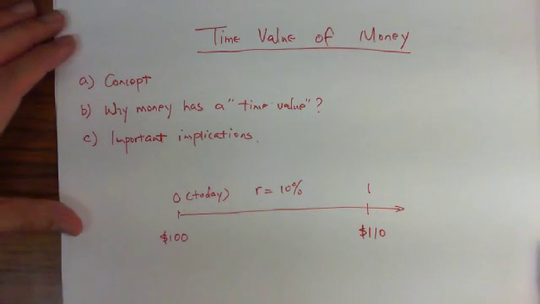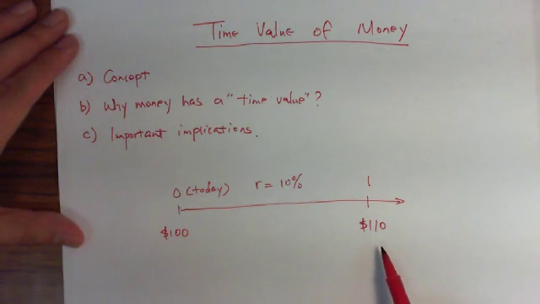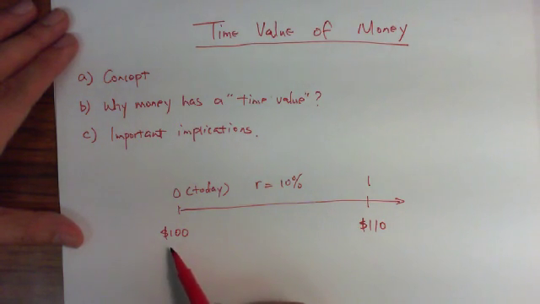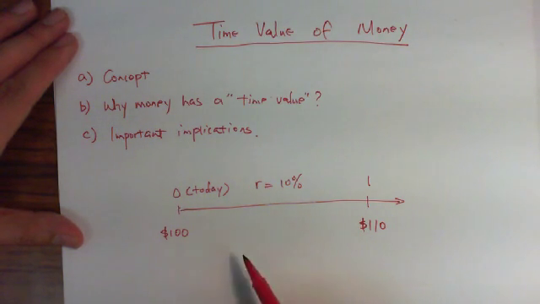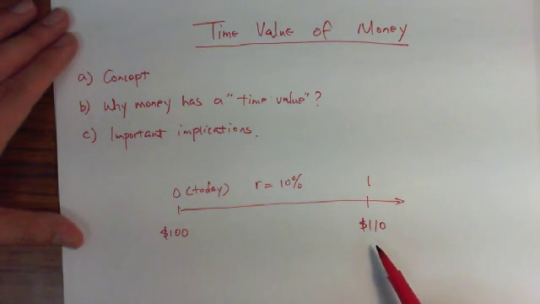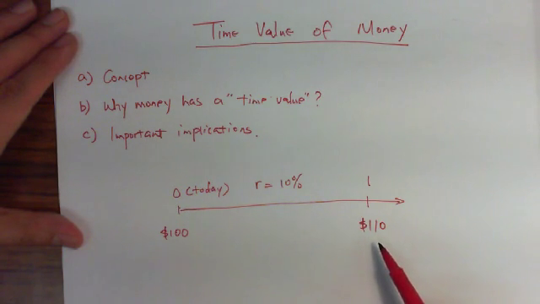Now, what's the implication? The implication is, if we look at the two numbers from the owner's perspective, the two numbers are the same. The owner can choose to use the money today. The amount to be used is $100. Or the owner is willing to sacrifice, to postpone the consumption for one period. In order to postpone the consumption, the owner requires an extra $10.